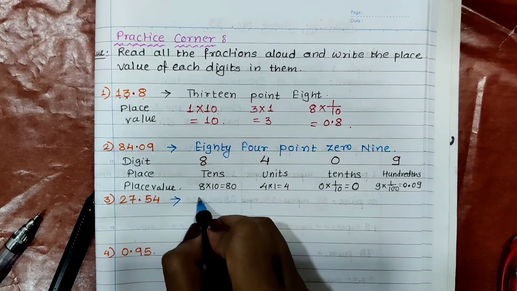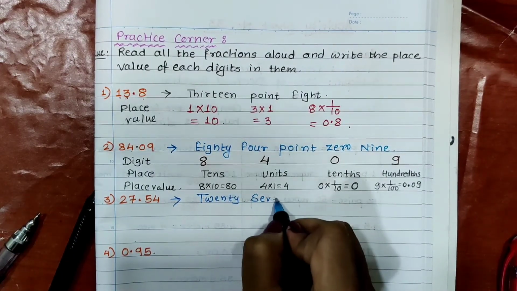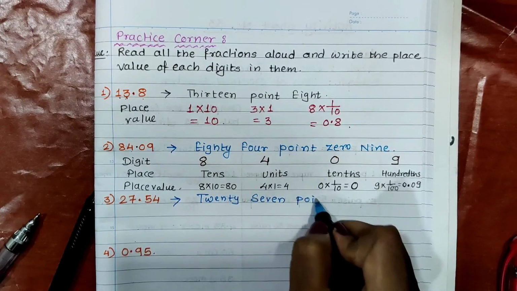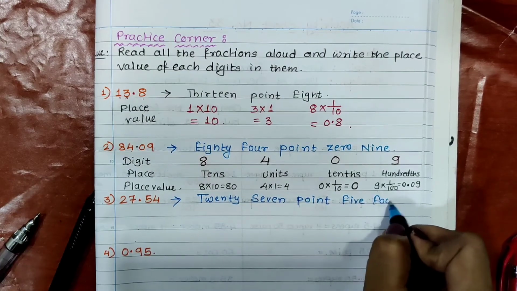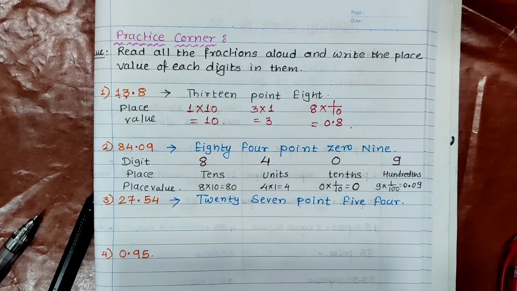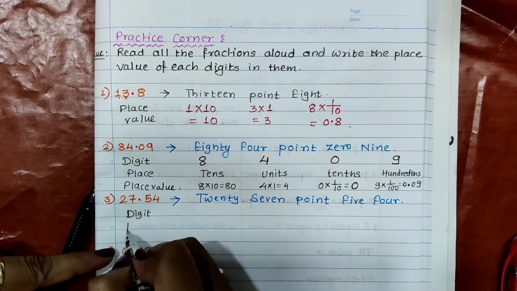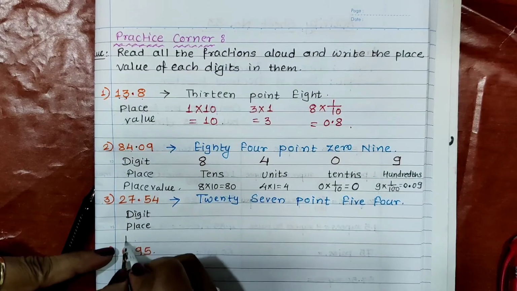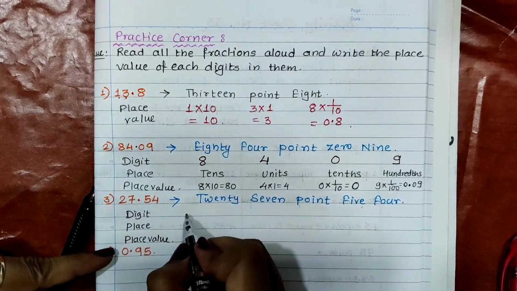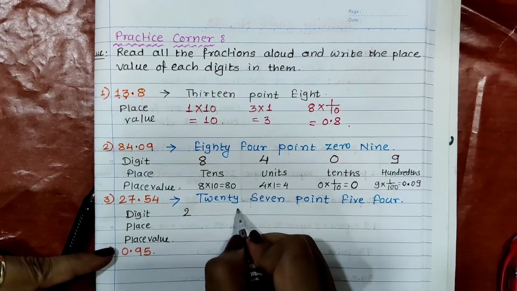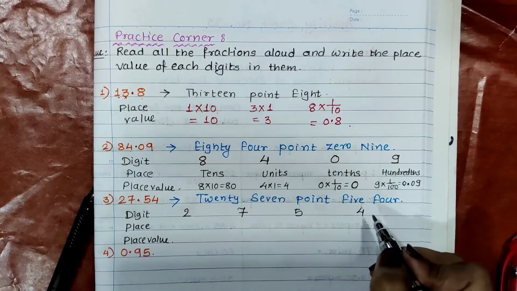Next one. 27.54. Okay. Now write the digits, place and place value. Digit, place, value. First we write 2, then we write 7, then we write 5 and last one is 4.